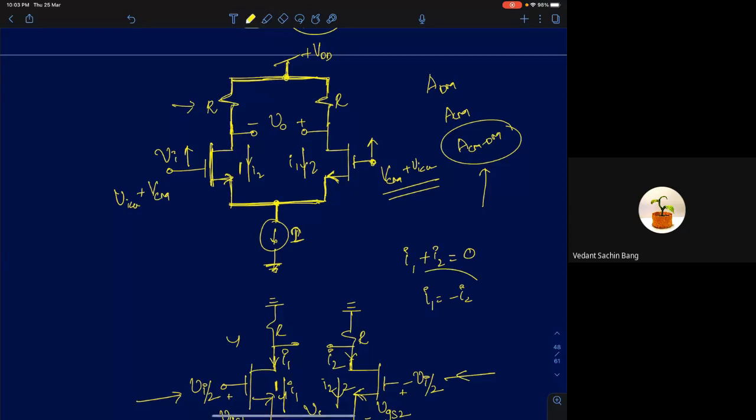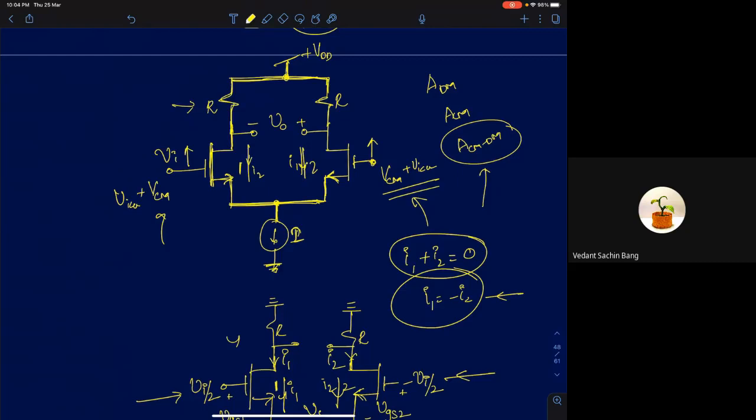But this condition, I1 plus I2 equals 0, is always true, irrespective of what the signal is, as long as I'm applying a small signal at the input. The circuit is trying to increase both the drain currents, but this condition says both the drain currents cannot be of the same polarity.